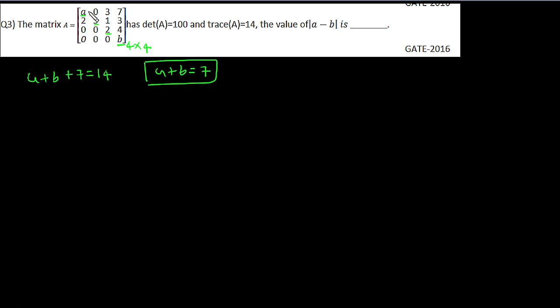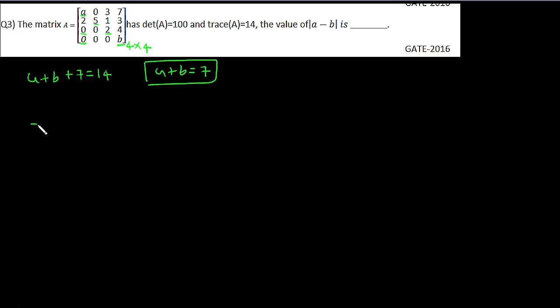If you look carefully, it is easier to decompose this matrix with respect to the first column, because these two entries are 0. So the minors of these are not contributing to the determinant of this 4 cross 4 matrix. So let's expand with respect to the first column. You can do it about any row or column, but here I am doing it about the first column.